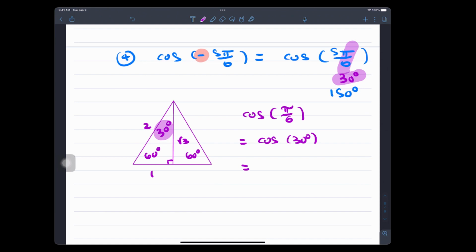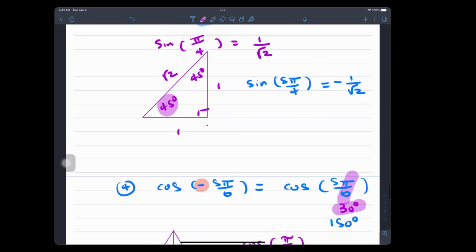What's that definition? What's cosine 30? Cosine 30 is going to be what? Isn't that adjacent over hypotenuse? Now, I think so. Is that right?